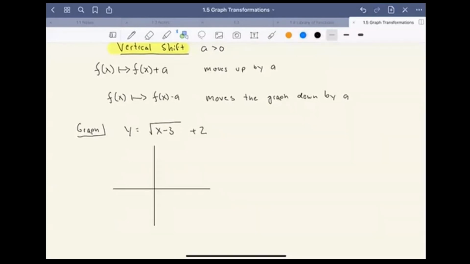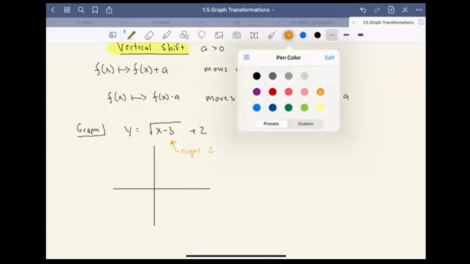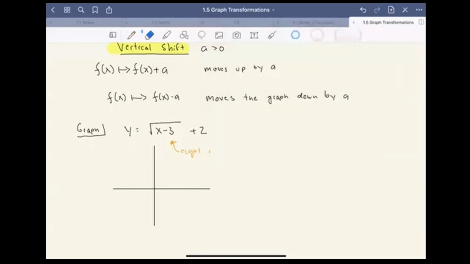Now, what's going to happen? The minus 3, remember, that's going to move my square root function to the right by 3. And the plus 2 is going to move everything up 2.